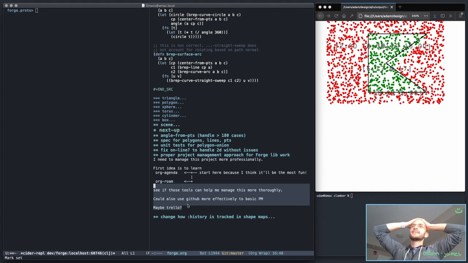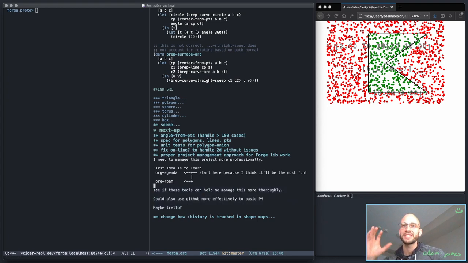I don't know. I really am a little mildly ashamed of how little time I've spent on optimizing my workflows and my tools and things like that. Fair enough, yeah.